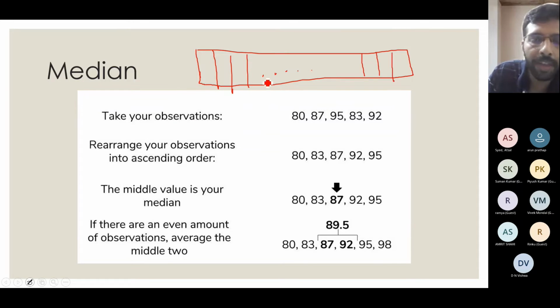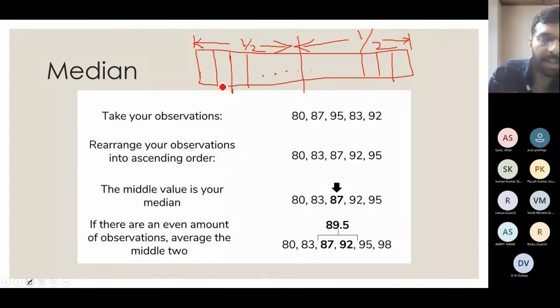Then the concept of median is: I have to find a point in this which divides my data exactly into two halves. So I will have one half here and the other half here. So the median is basically a data point in the given data which will divide the data into exactly two halves.